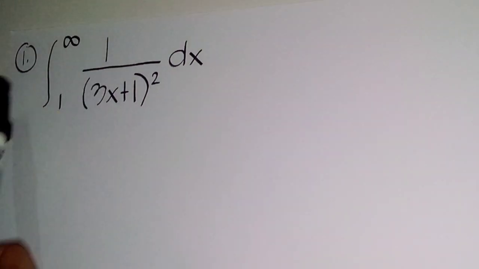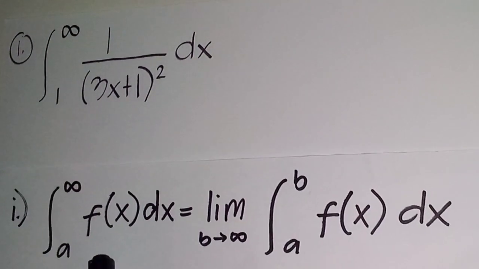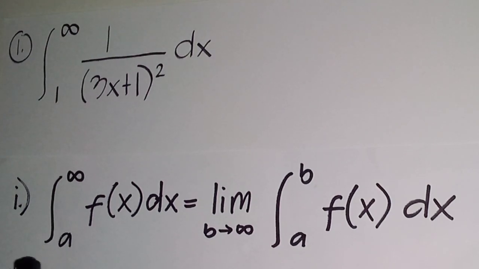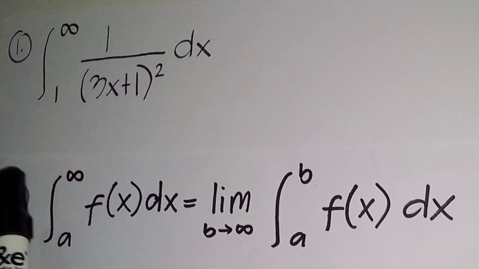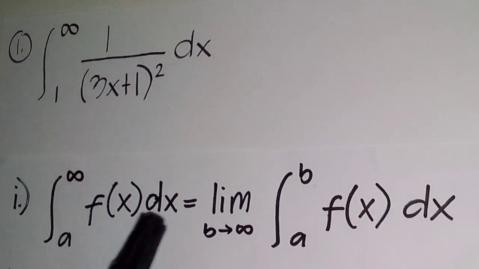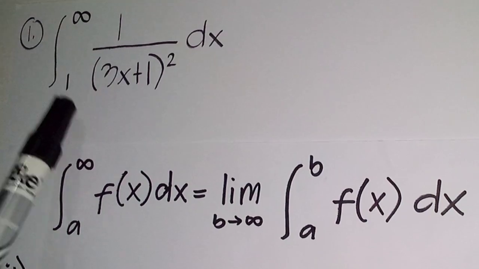So from this form, the formula that we are going to use is the first formula, right? It is because the lower limit is a constant and the upper limit is positive infinity. So this formula is what we are going to use in evaluating this improper integral.